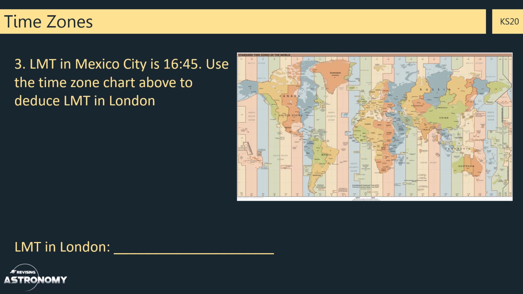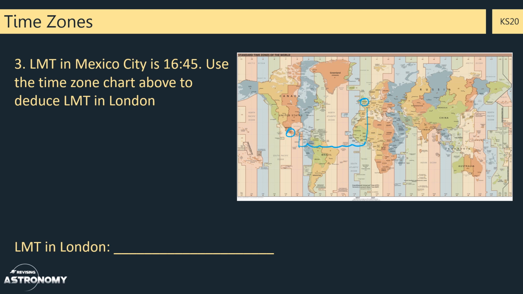The local mean time in Mexico City is 4:45 in the afternoon. So Mexico City is over here. Use the time zone chart to deduce the local mean time in London, which would be over here. So we can see that we need to move 1, 2, 3, 4, 5, 6 time zones earlier to be in the same time zone as London.